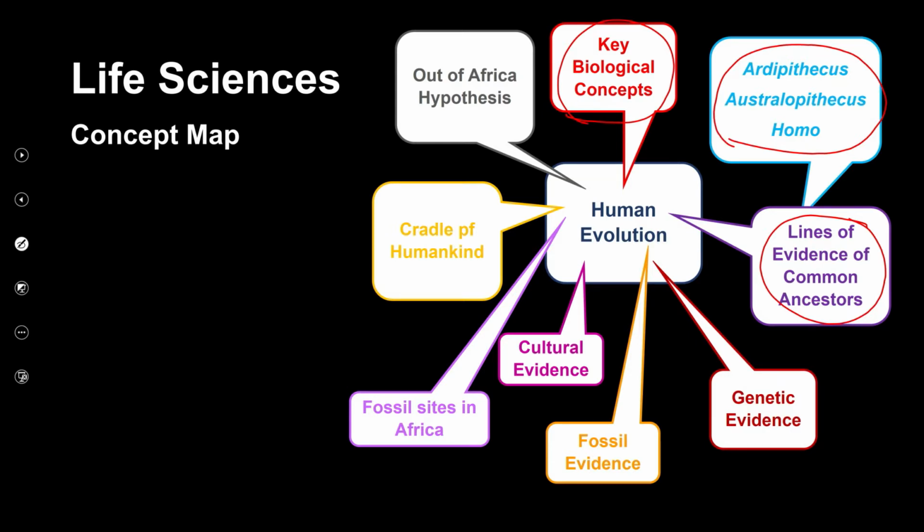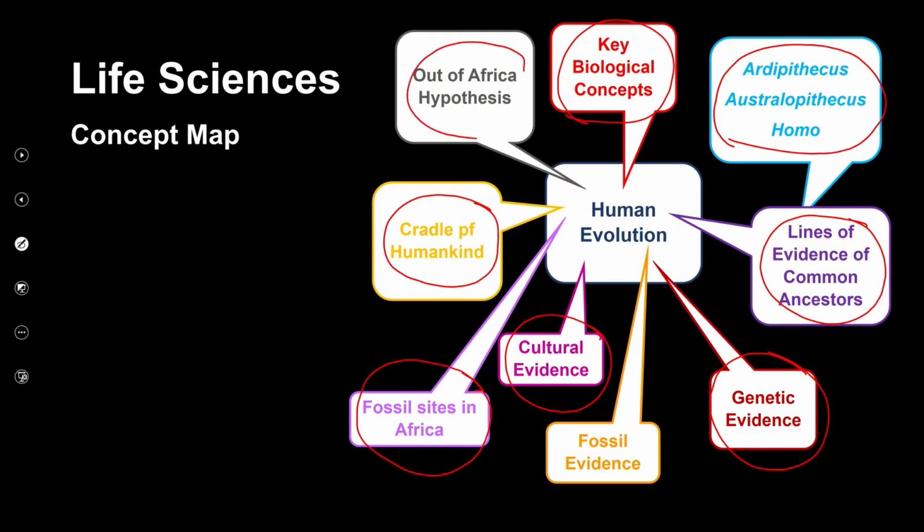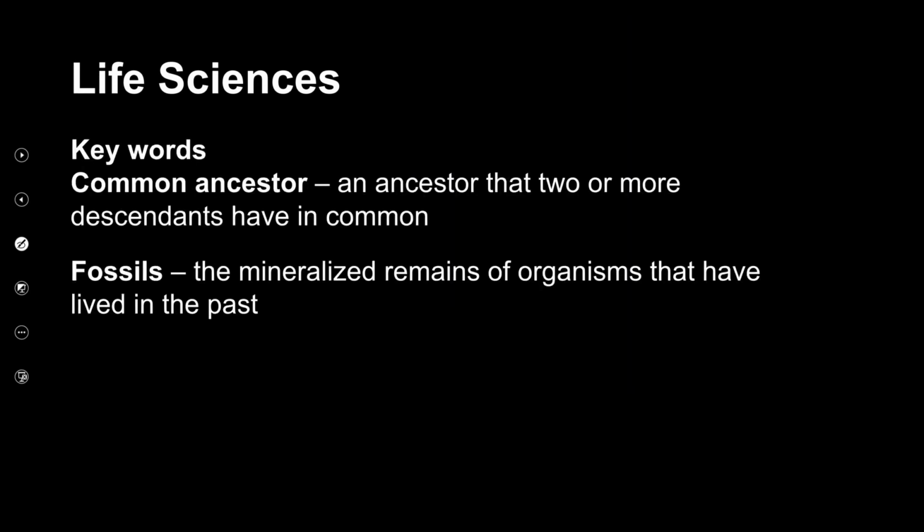We'll look at evidence other than fossil evidence: genetic evidence and cultural evidence. We'll look at where the fossil sites are found in Africa, the Cradle of Humankind, and then the Out of Africa hypothesis. There's quite a lot to look at.